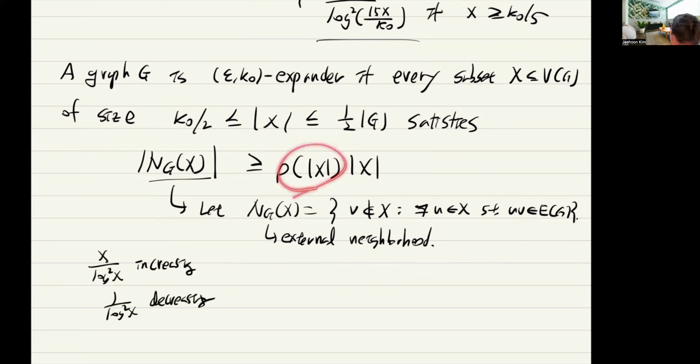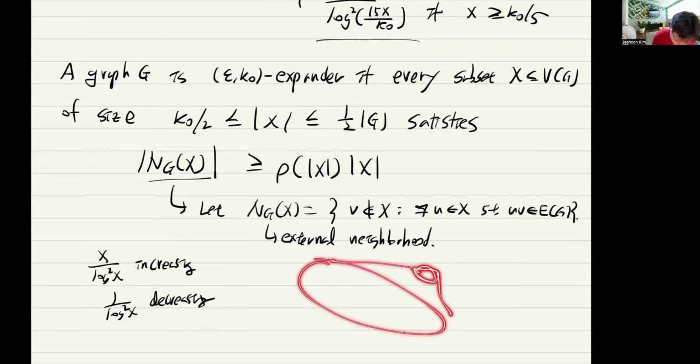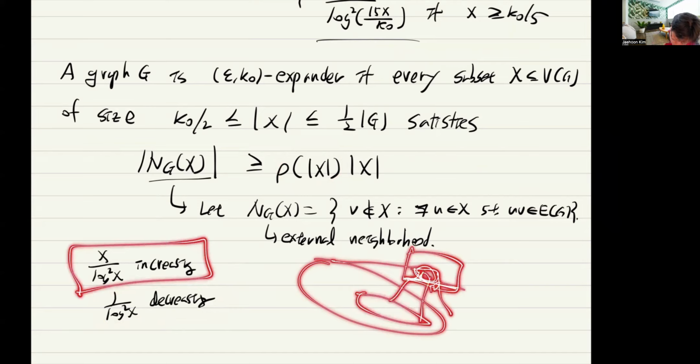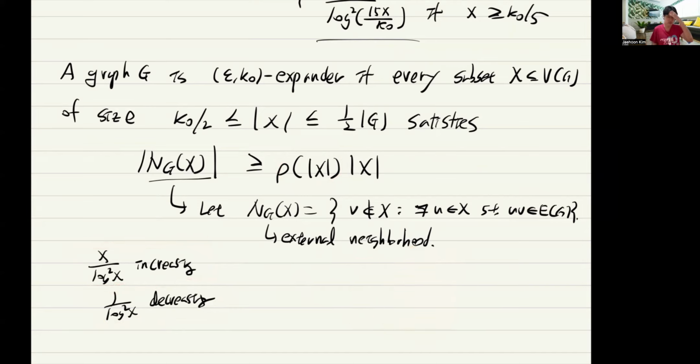So the expansion ratio itself is decreasing. For a bigger set, the expansion ratio might be smaller, but the external neighborhood itself is bigger. Anyway, this allows a weaker expansion. For a smaller set, it might still have to expand, but for a bigger set, a much weaker ratio is fine.